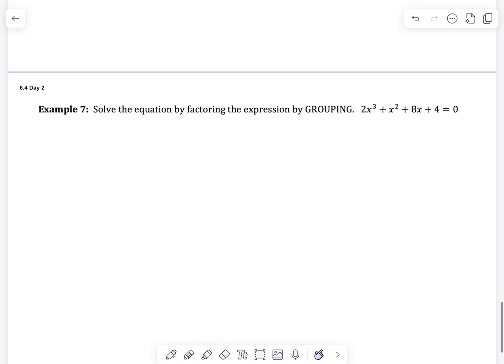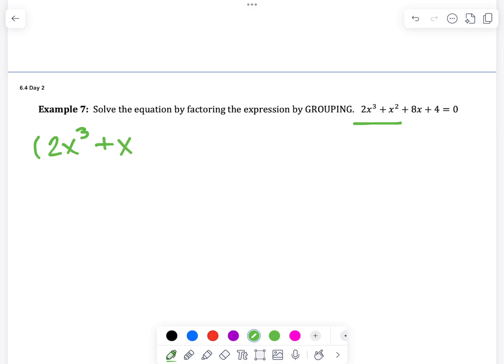We're going to go ahead and use grouping again one more time, but now we need to find the zeros, the roots. So we're going to group the first 2 terms together. Group the next 2 terms together. And now we take out the GCFs.